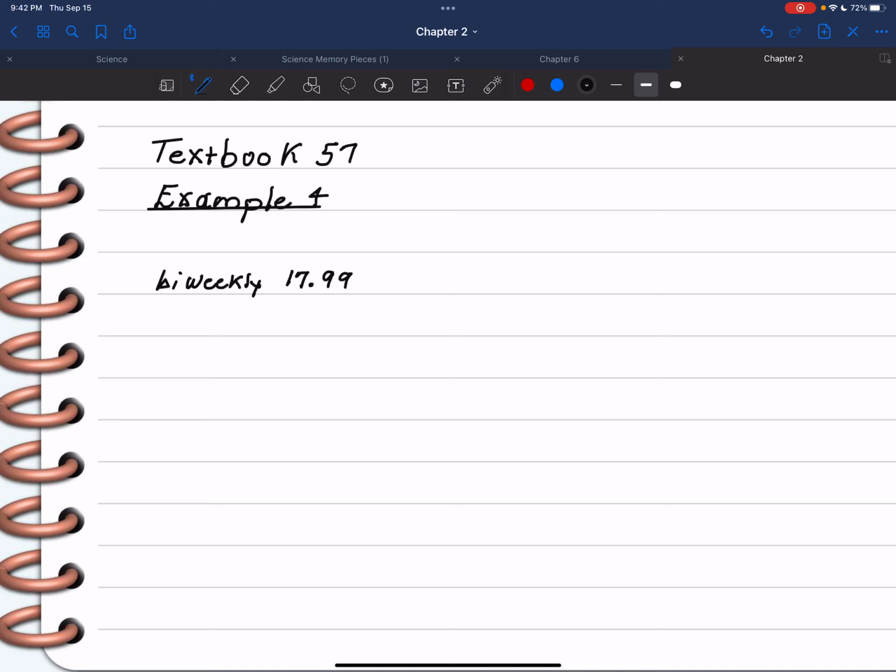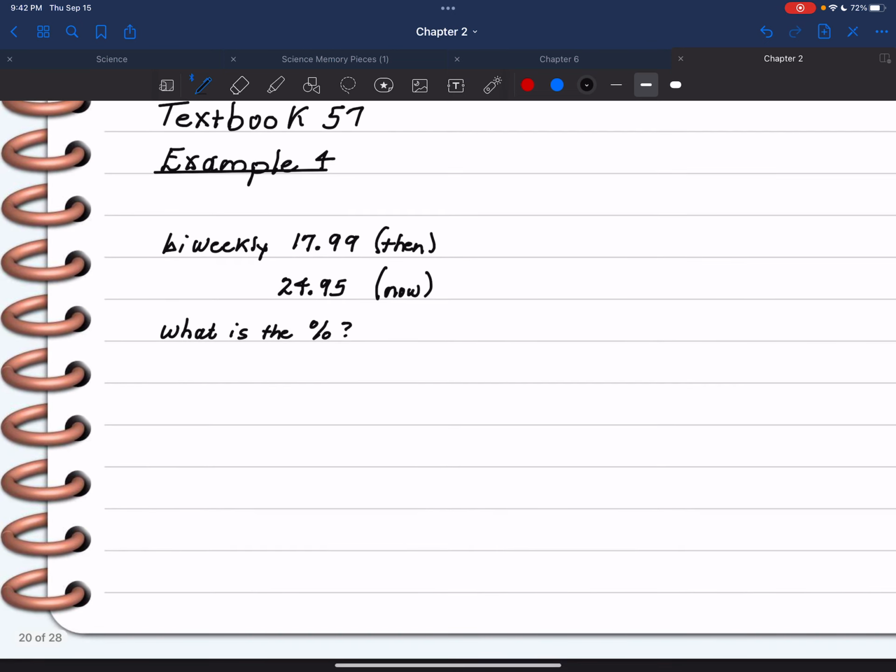After a year of operation, the bi-weekly fee is, so this was the then, the now is $24.95. What is the percent change in cost? So we are looking for what is the percent of change. There is a very specific way to solve these problems.